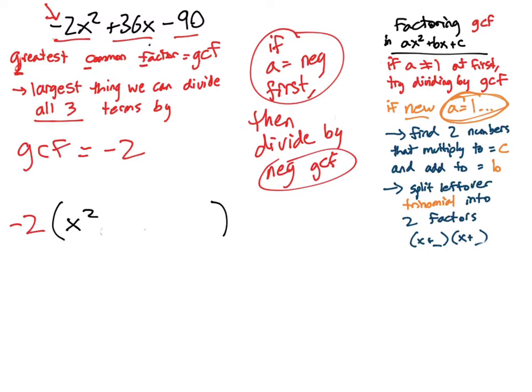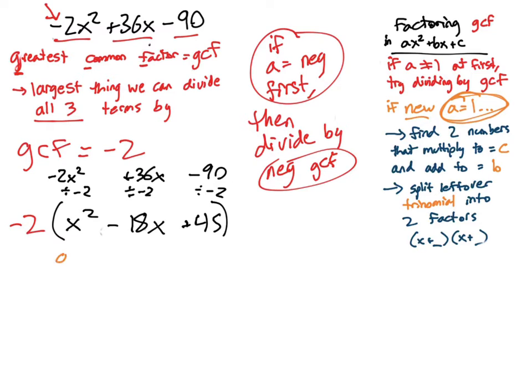So that comes from doing negative 2x squared divided by negative 2. Then we have minus 18x. When we divide a positive coefficient by a negative 2, that gets us to a negative. And when we take negative 90 and divide that by negative 2, that becomes positive 45.